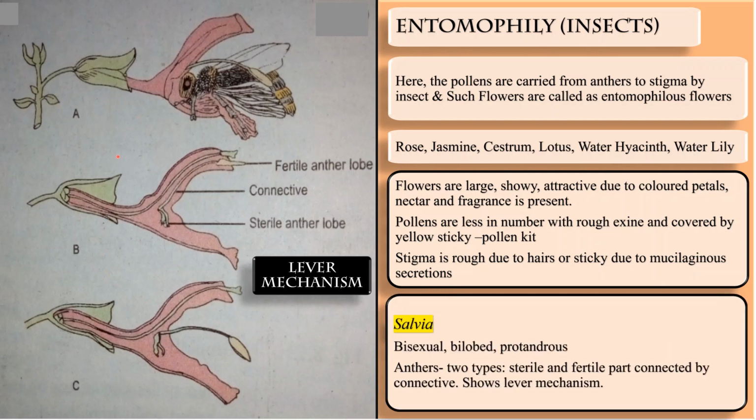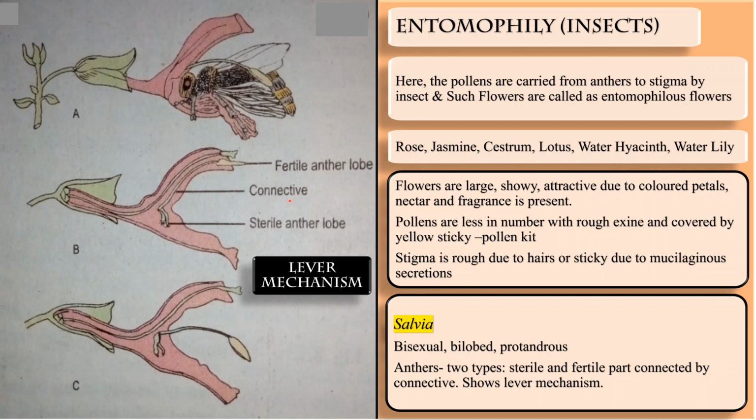Students, these are the pictures of salvia. Its flowers are bisexual, that is, this flower shows both androecium and gynoecium. Here the corolla is bilobed, that is, it has upper lobe and lower lobe. The anthers are of two types, the sterile anther on the inner side and fertile anthers on the upper side.